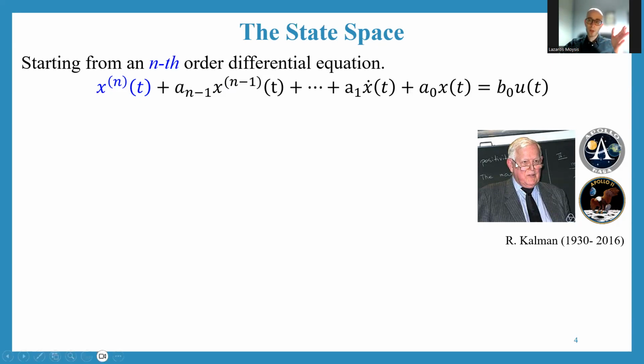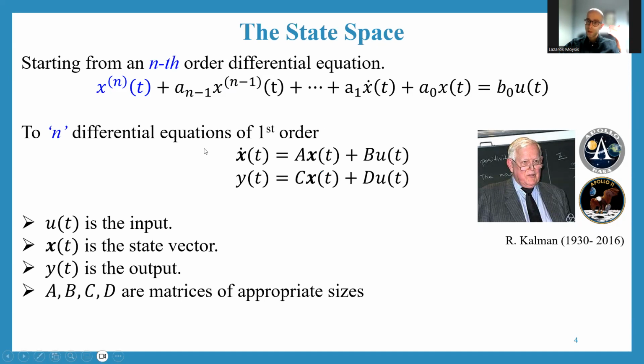What if, instead of this high-order differential equation, we had n differential equations, the same in number as this value right here, but all of them of first order? The good thing is that by having this description of n first-order differential equations, I can write all of them in a matrix form. This is very easy to do. I'm going to show it later.